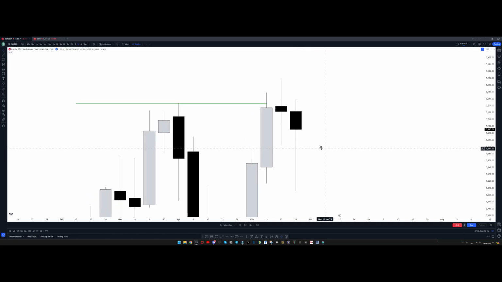You have to wait for confirmation of lower prices. And it doesn't happen here because this candle is an open low. Open low candles are bullish candles designed to go up. Although this one closed inside, we don't know what the next one's going to do. There's no proof, there's no evidence, there's no high probability.